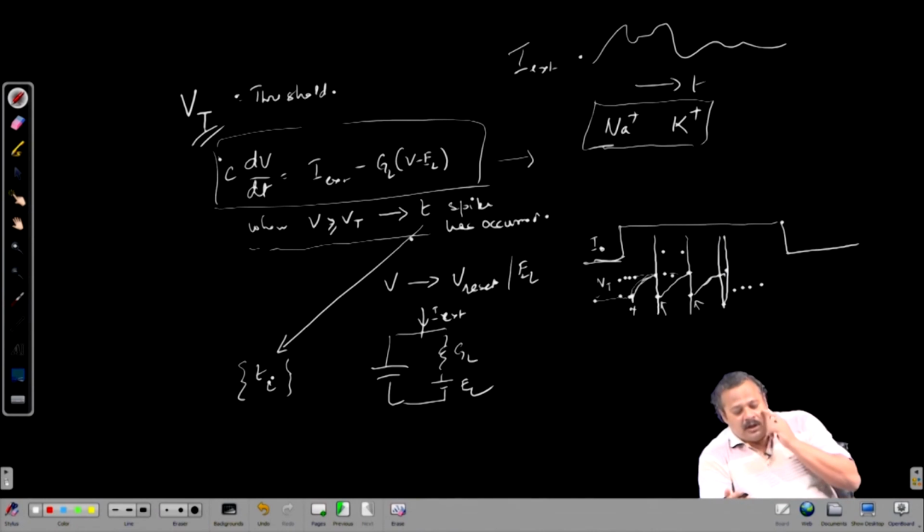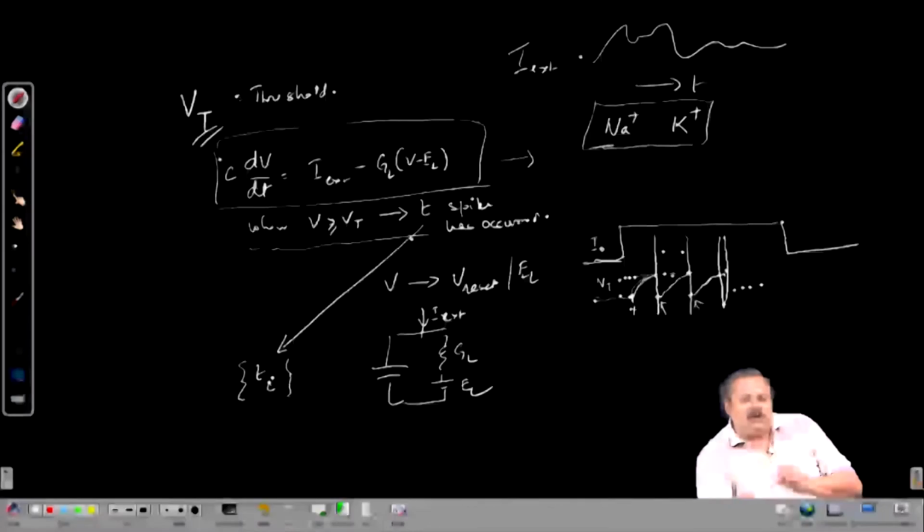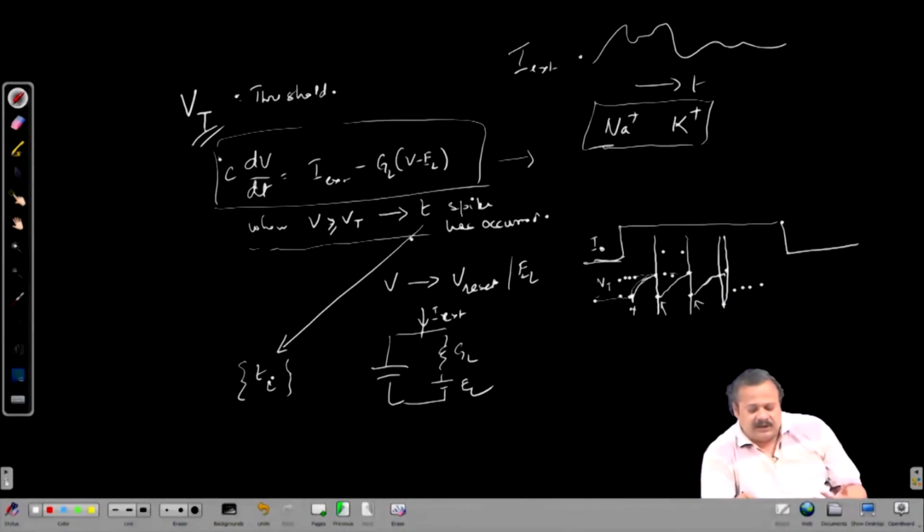Actually in neurons, when you patch on them, in many neurons, when you do this kind of current injection, we do not see a periodic firing like this in most neurons. What we usually see is something called spike rate adaptation, and that can be easily modeled with an extension of this integrate and fire model.